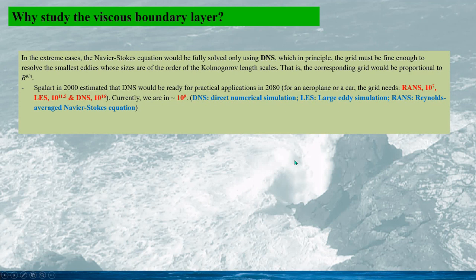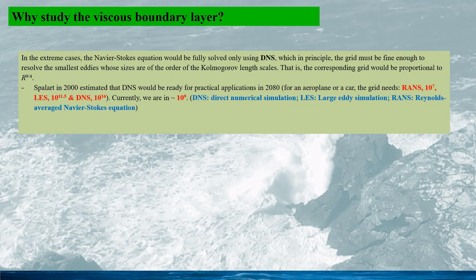As deduced by Spalart in 2000, DNS would be ready for practical application in around 2080 if the advancing speed of computer technology can be maintained. Take an aeroplane or a car as an example.